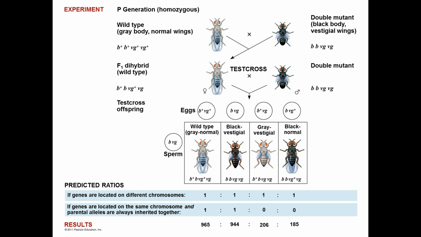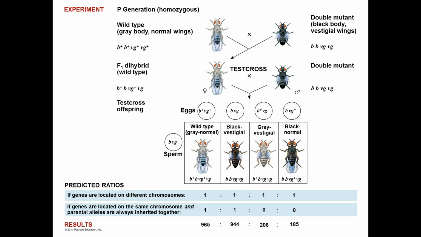The other parent is a mutant. It's a double mutant. It has a black body and it has vestigial wings. Vestigial wings are non-functional wings in this case. This individual is also true breeding.